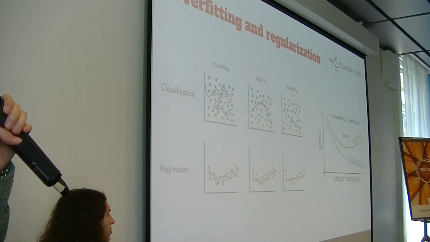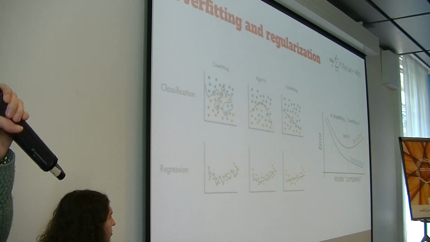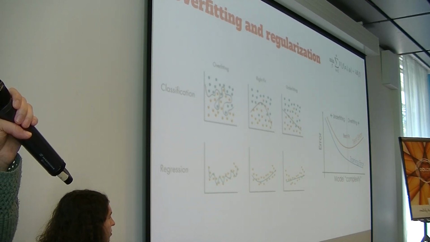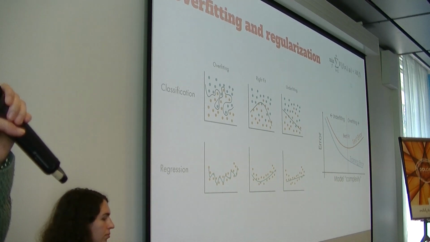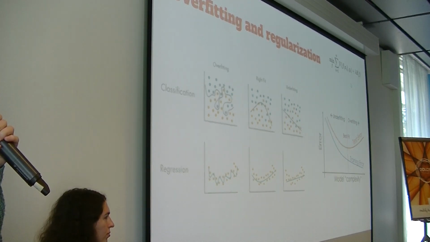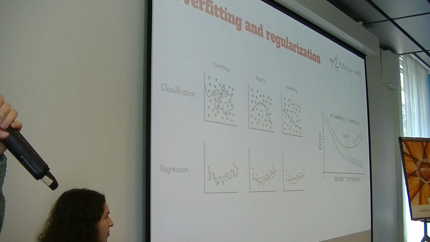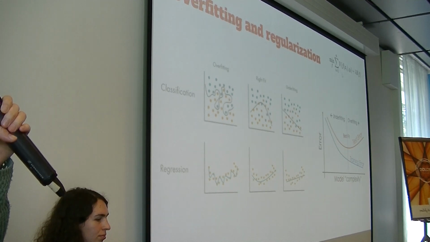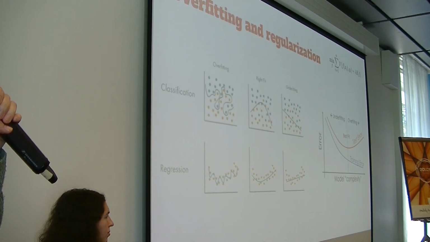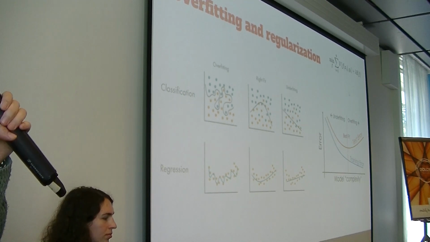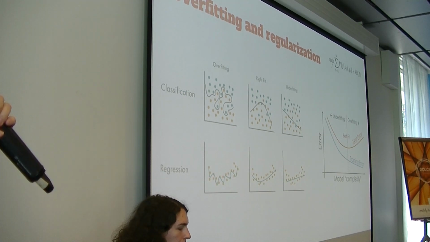One of the easy examples is over there. So this is an objective function that your classifier is trying to minimize when it's training on the data. So it's trying to learn to minimize the error of classification.